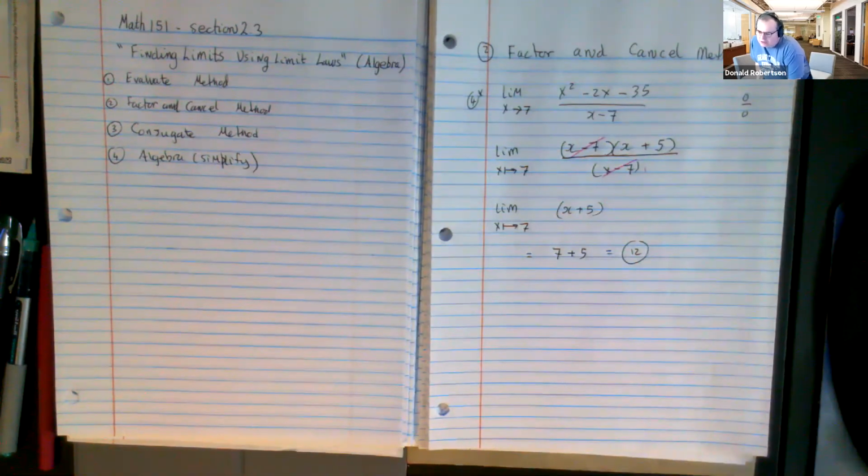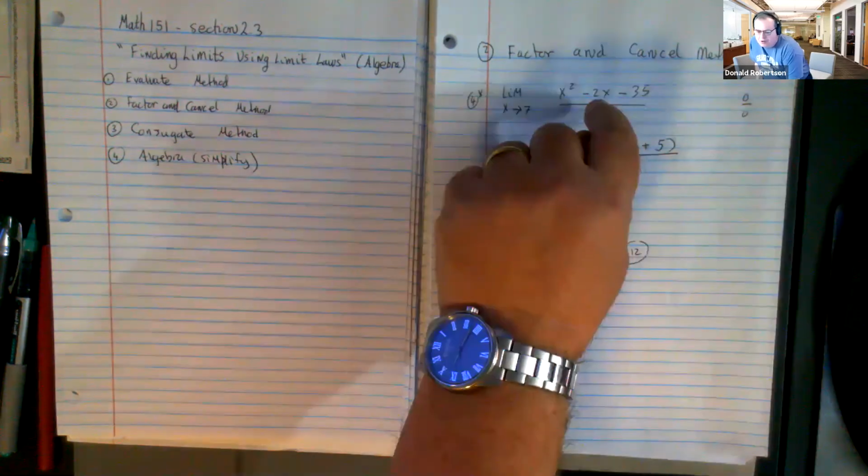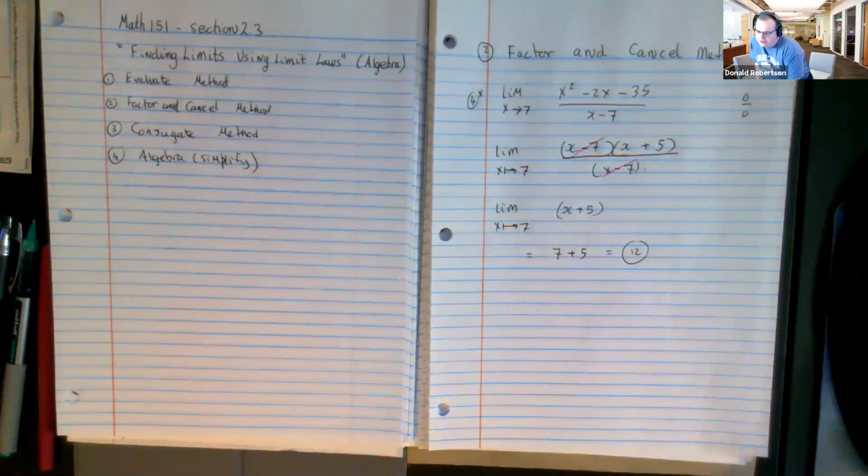Now, isn't that much cleaner than trying to take this fraction and doing a big table of values, you know, and doing the 6.9999 guy and the 7.0001 guy and getting really annoyed with 12 decimal place answers that you have to write all over the place? And even when you do that, don't you not get 12?